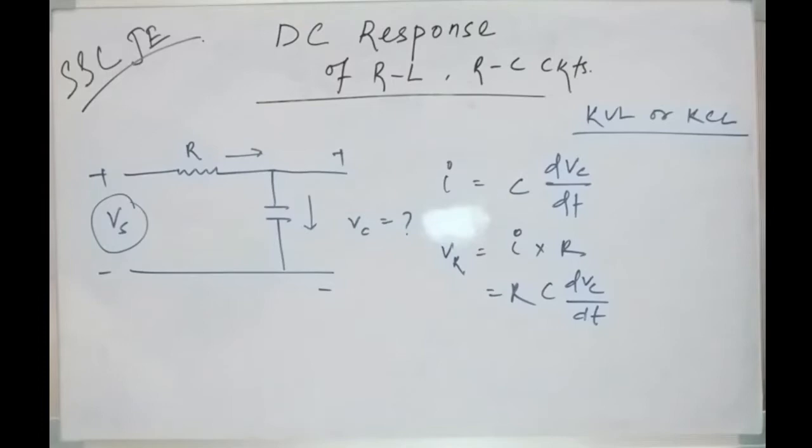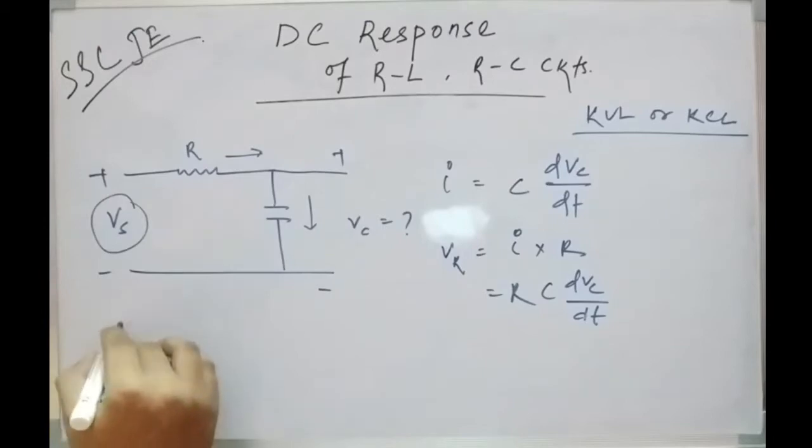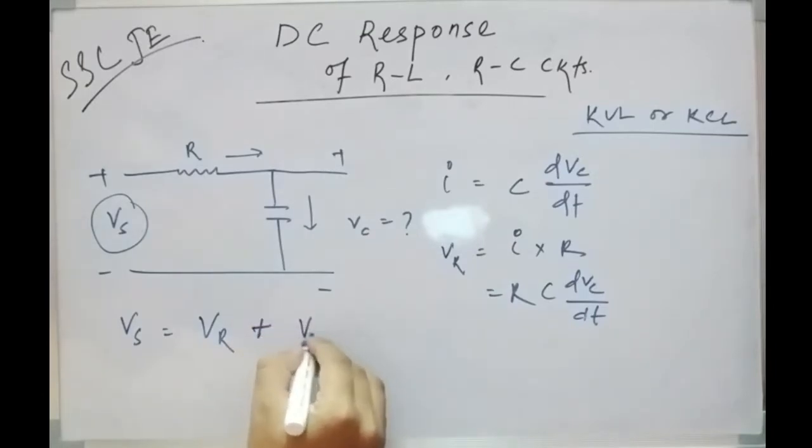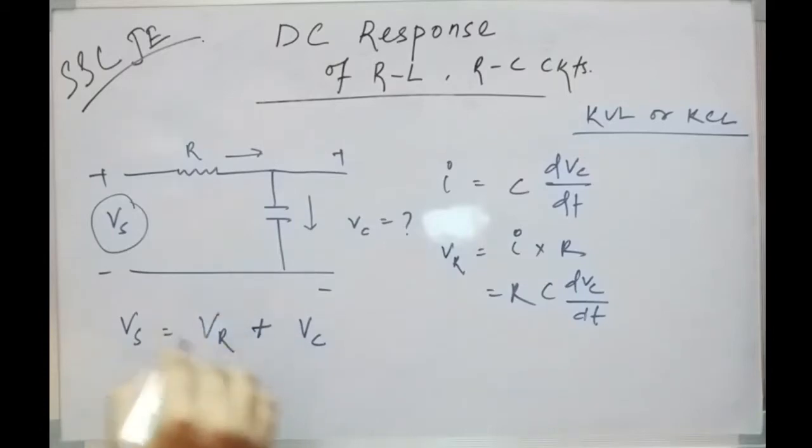Got it? And how much will be the total voltage drop? Applying KVL, Vs equals the voltage drop across the resistor plus the voltage drop across the capacitor.